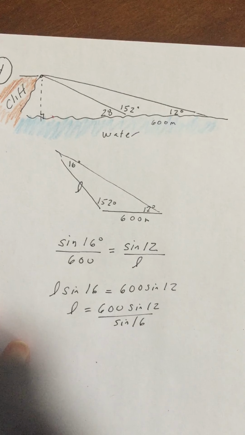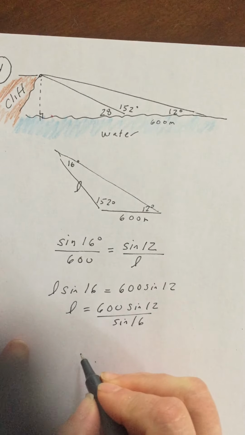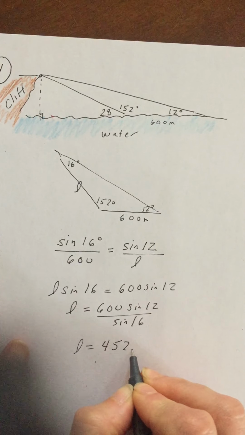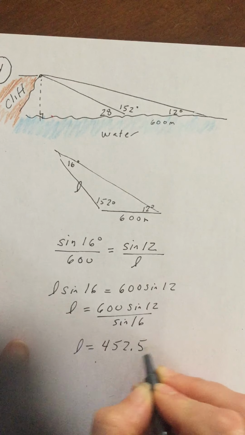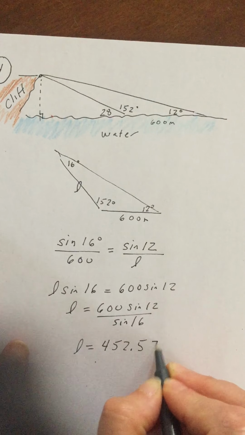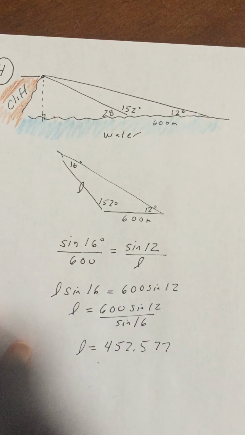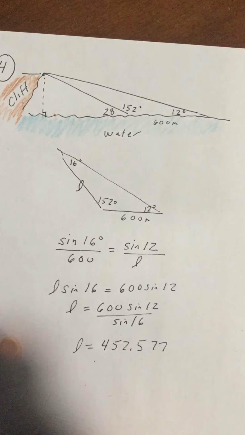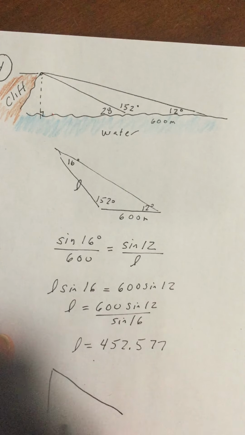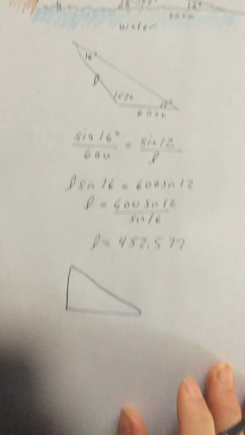Okay, so once you do that, you get the L, I got it anyway, is 452.577 approximately. Okay, so what you want to do at that point is if you have that L value, you can just go ahead and work with that and then use a right angle.